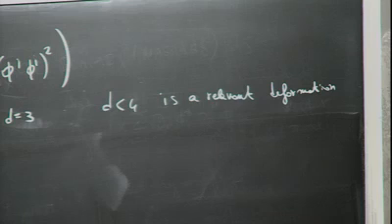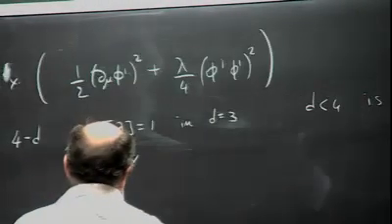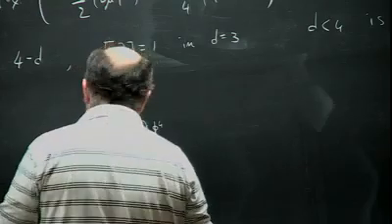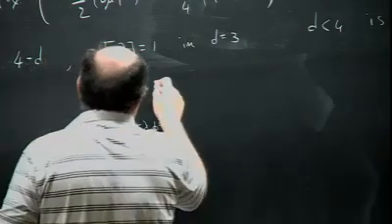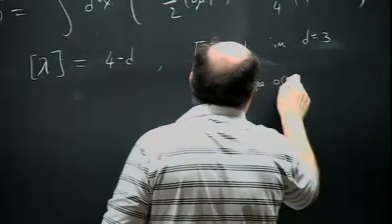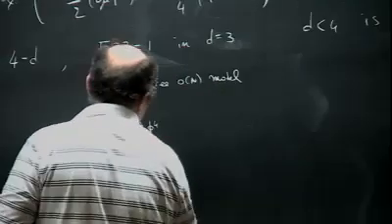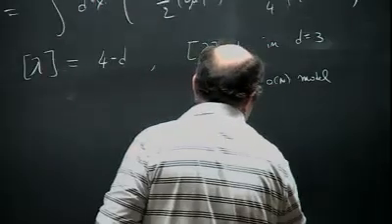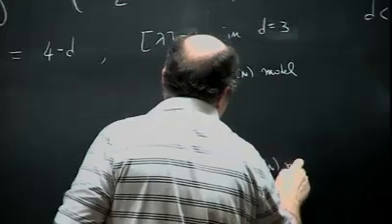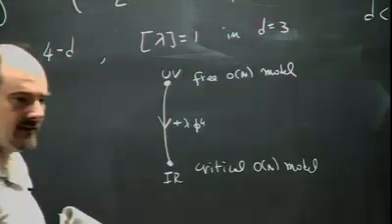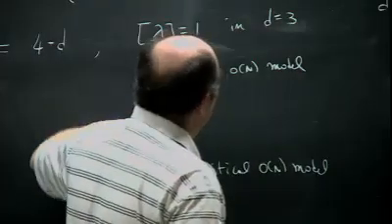So there is a flow, here UV and here IR. Some RG flow which is triggered by this phi to the 4th interaction. Here we have the free O(N) model, and here we have some non-trivial critical O(N) model, which is some interacting conformal field theory with O(N) symmetry, which you reach after you do this RG flow.